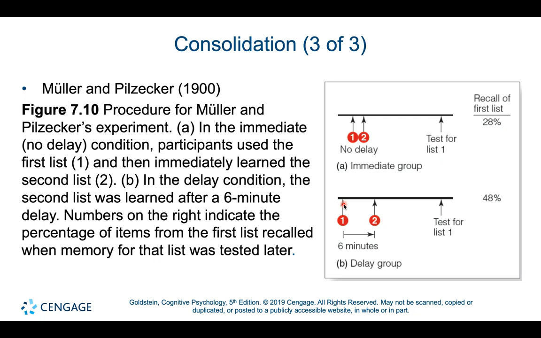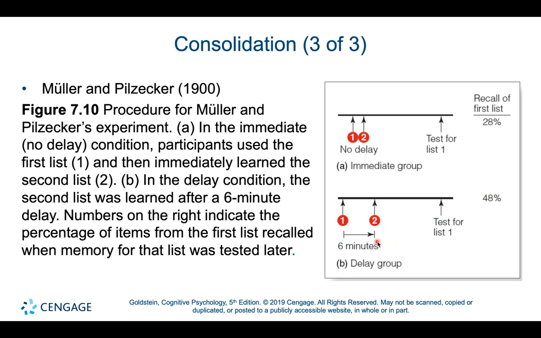Versus, again, the exact same words, the exact same lists, except instead of immediately giving you list two, there's a delay, a 5 or 6 minute delay between getting the 30 words in list one and the 30 words in list two. Just this little delay almost doubles performance for recall of list one at a later time.